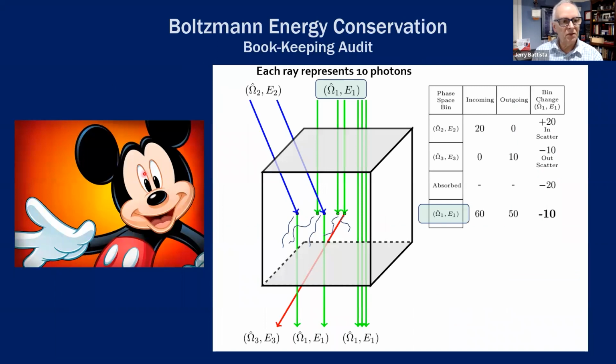Let me do a Mickey Mouse calculation. I love Mickey Mouse calculations because if you can do one, you understand the concept. If you can't do it, you don't understand it. So let's imagine we care about these green photons. They're coming into a voxel. Some of them go right through. Some of them scatter, and also they liberate an electron.